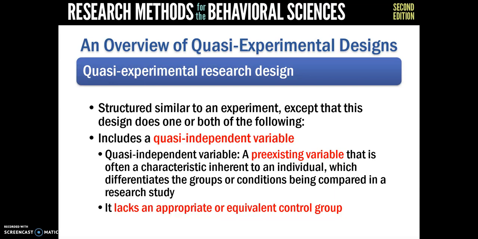In quasi, the participant is not picked randomly. There are certain pre-existing variables with these participants. It could be age group, it could be gender. Let's say you just want to study men. That would be a quasi-experiment because you did not randomly pick participants from the population. You only specifically pick men.